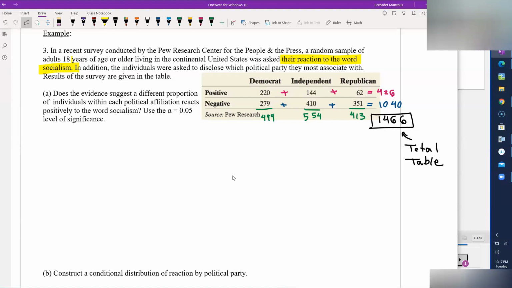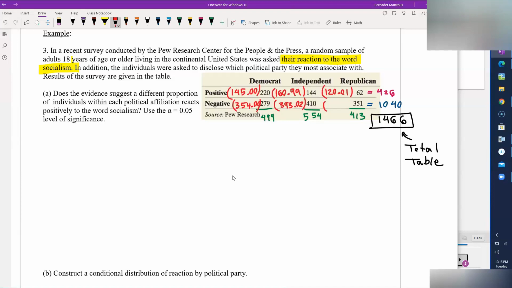And I tried to find the expected values by hand, and these are what I have: 145, here 354, this one here was 160.99, 393, and here we got 120.01.